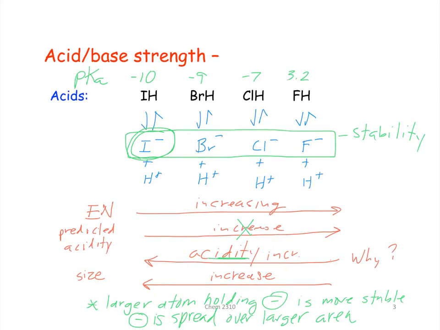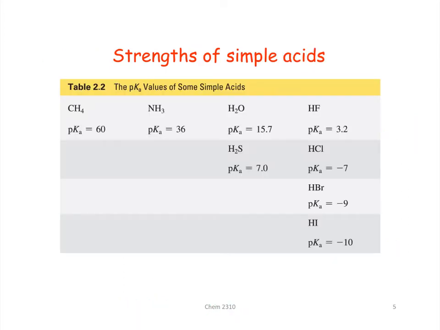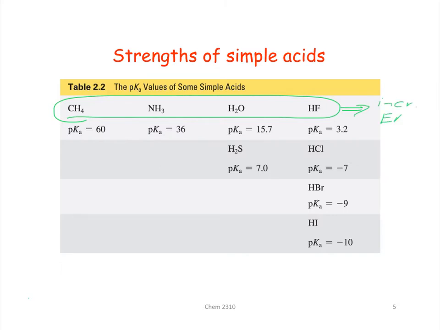Alright, so for these two trends, we looked first across the periodic table, going this way, and we saw that as we go to the right, we increase the electronegativity, and so the conjugate base becomes more stable because a more electronegative anion can better hold the minus charge.